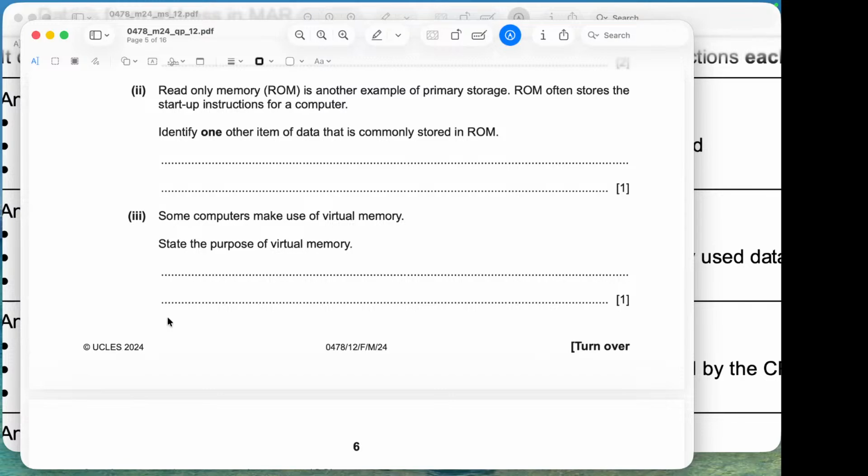Then we've got a question about ROM. Read-only memory is another example of primary storage. ROM often stores the startup instructions for the computer. Identify one other item of data that is commonly stored in ROM.